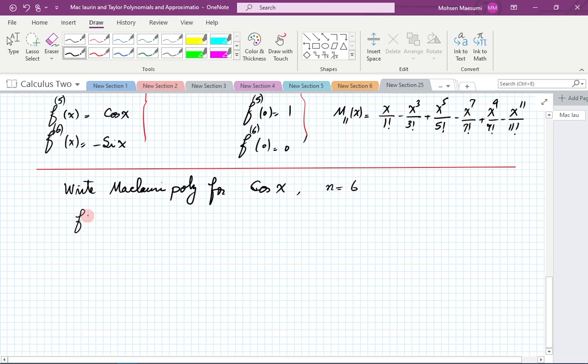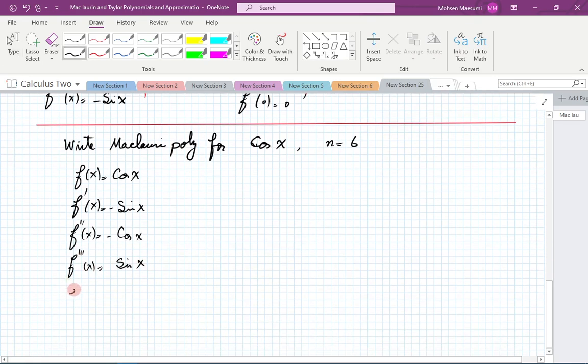So we start with f of x to be cosine of x, f prime is minus sine, f double prime is minus cosine, f triple prime is sine. Now, fourth derivative, we go back to cosine.